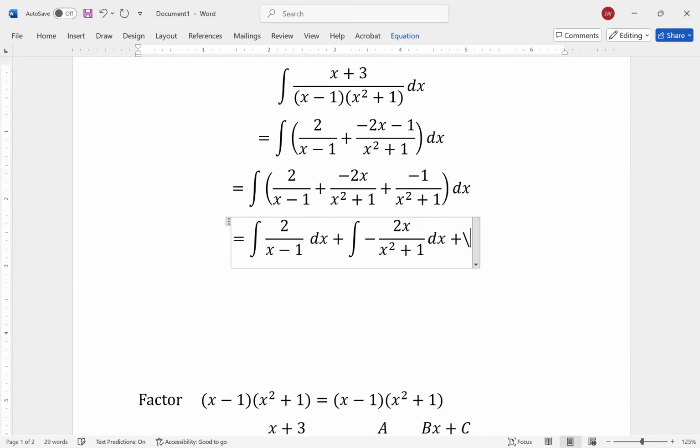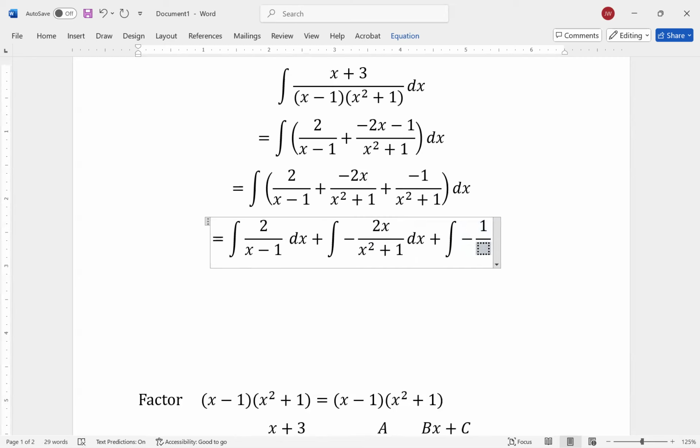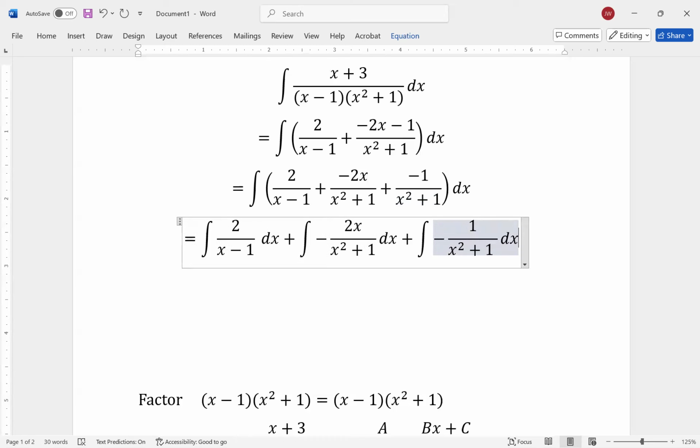And then I'm going to integrate negative 1 over x squared plus 1. That is what we do with a trig substitution. In fact, we've done this one before.